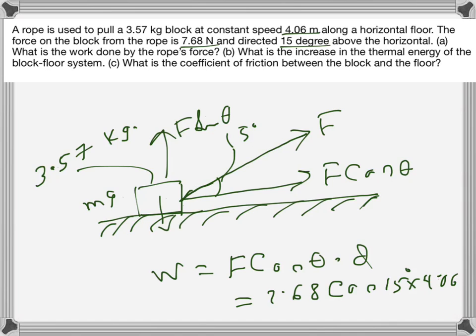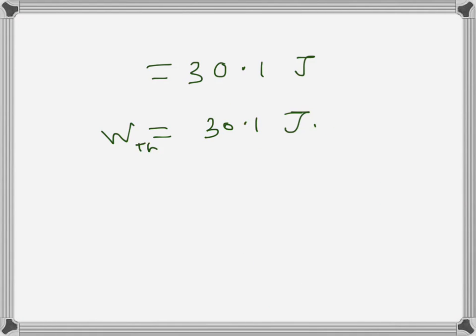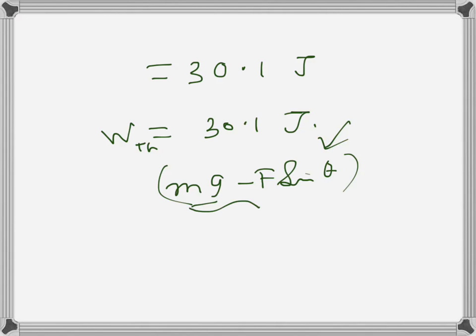Against that force the pulling force is working. So the downward force is mg minus F sine theta. This is the applied force's vertical component, and this is the weight force.